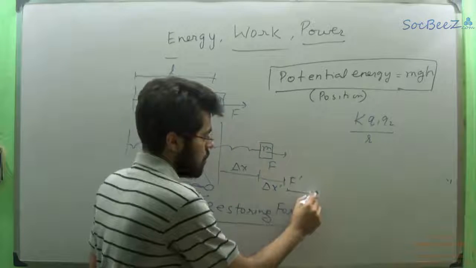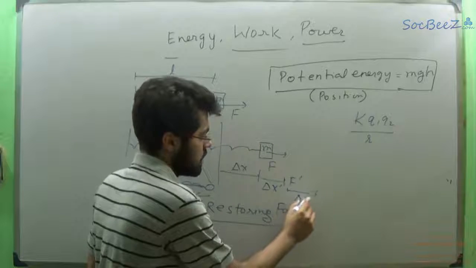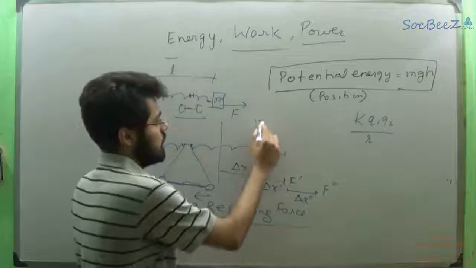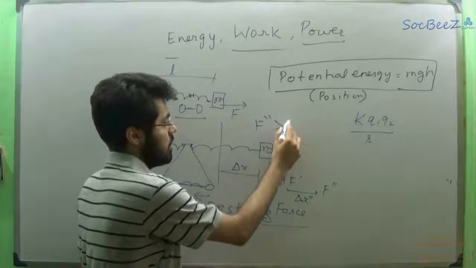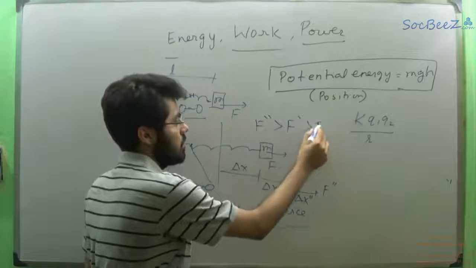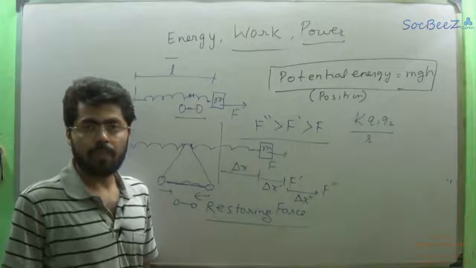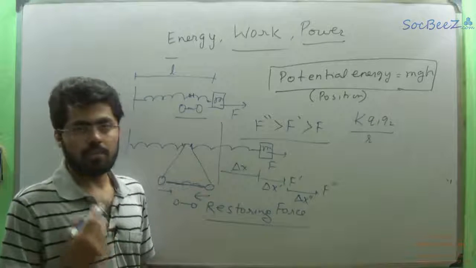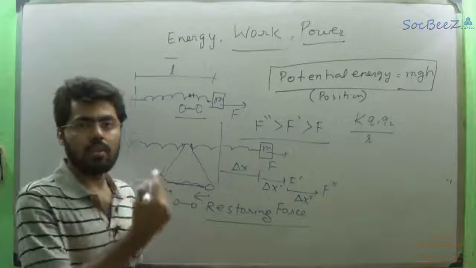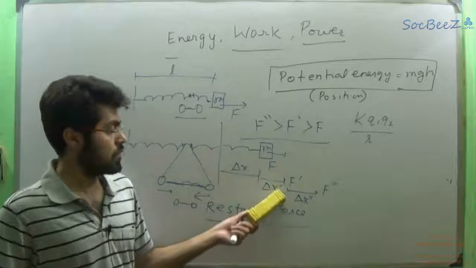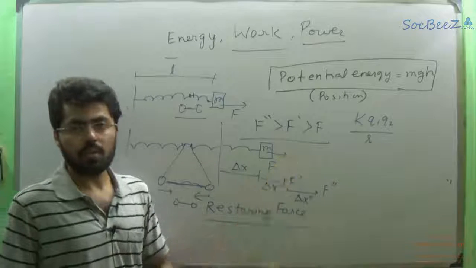If you further want to go beyond this point, delta x double dash, you need to apply force F double dash. And you will see that this F double dash is greater than F dash, and that is greater than F. It's not a constant force. As soon as the elongation is increasing, simultaneously the force you need to apply is increasing.